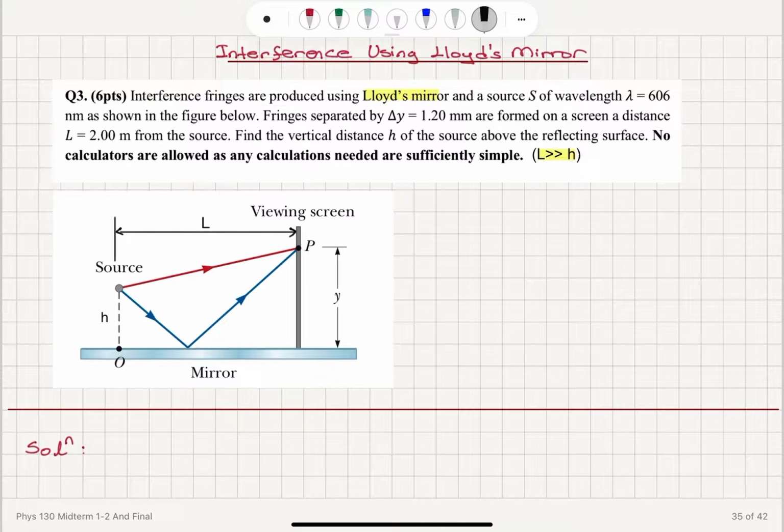Okay. So why do we have an interference pattern?